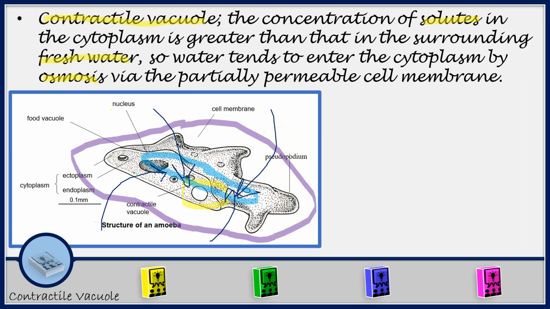So water will enter the cytoplasm by means of osmosis via the semipermeable membrane.